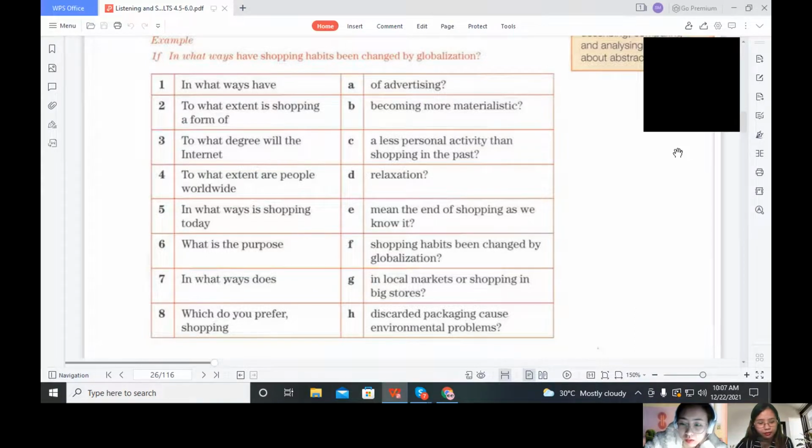Well, from my point of view, shopping is also a form of relaxation, because when you spend money to buy something, it can help you de-stress, and besides, you could be happy when you have new things.